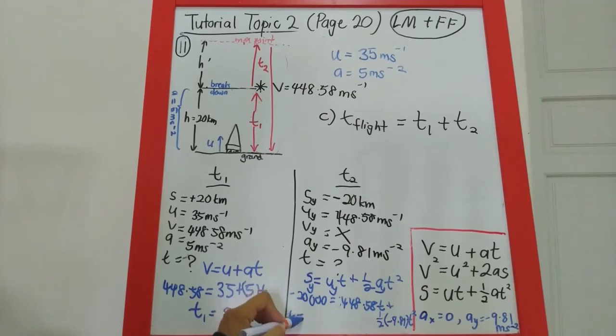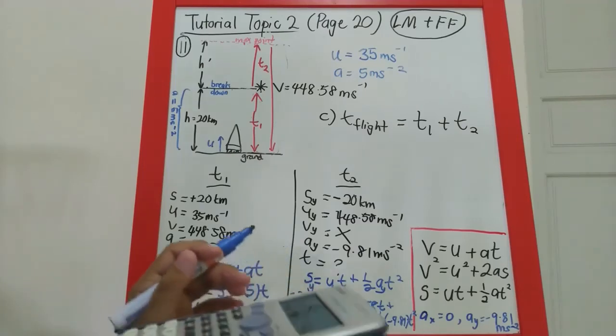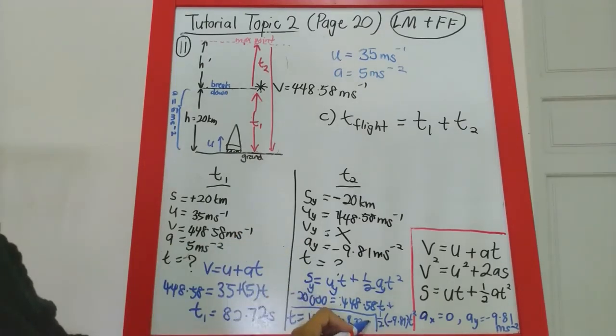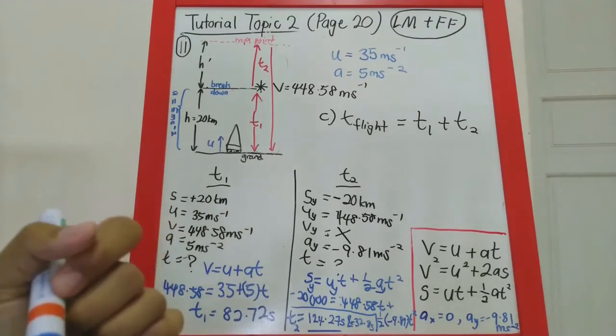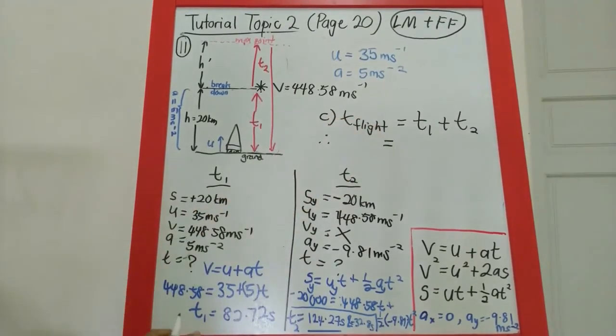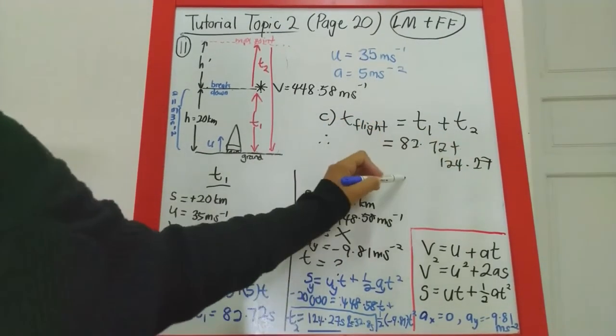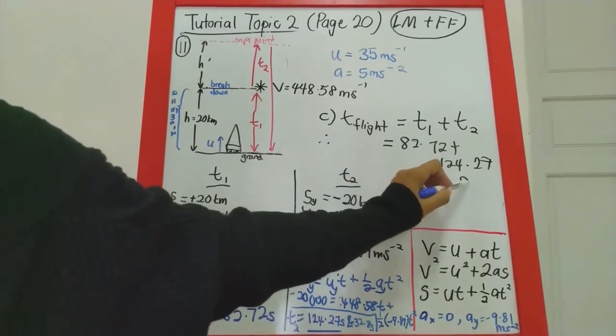You will get T equal to 124.27 seconds, and the other value is negative 32.8 seconds. Since time is a scalar and doesn't have a negative value, the T2 is equal to 124.27. Therefore the time of flight, you add up T1 and T2, which equals 206.99 seconds.